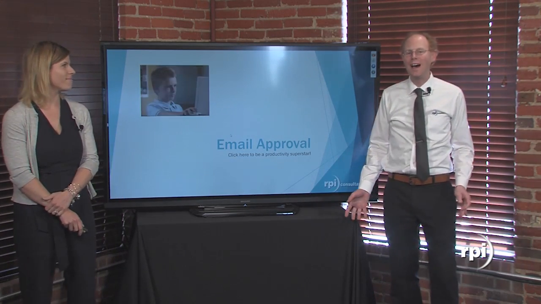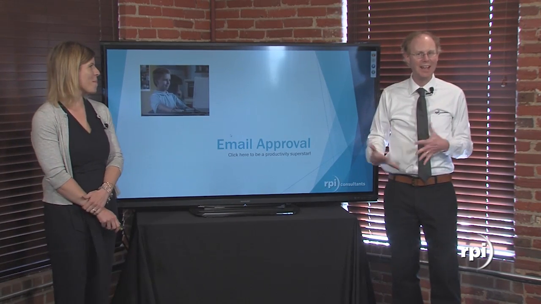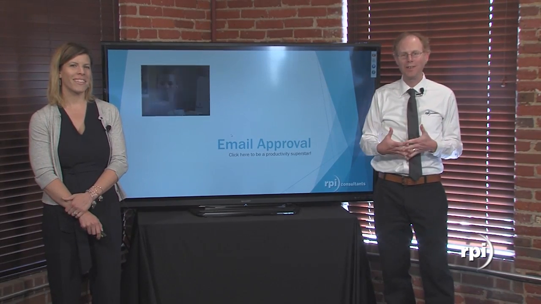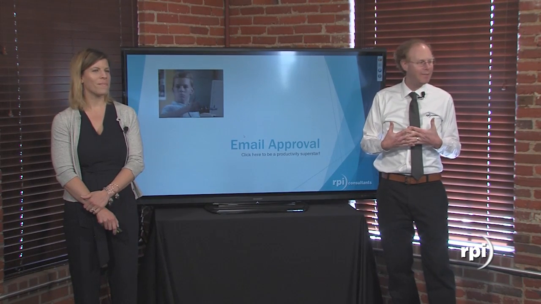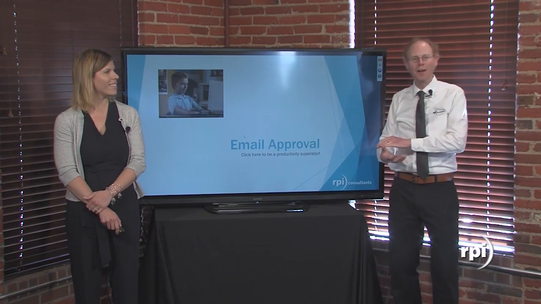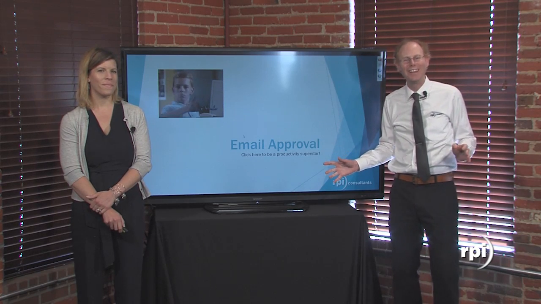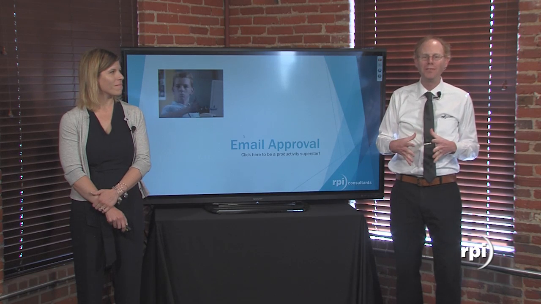And all of that leads up to one of the greatest new features in IPA, something that customers have been asking for a long time: email approval. The ability for an approver to avoid the in-basket altogether, simply click a link at the bottom of the email and approve the requisition.